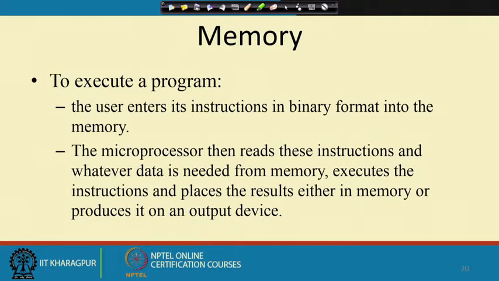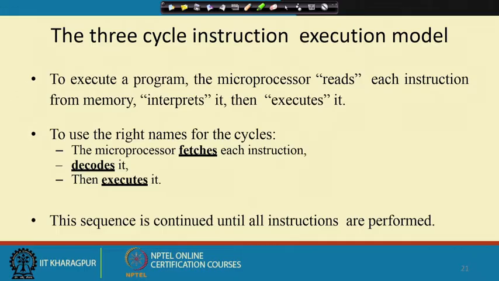But as far as the microprocessor is concerned, it reads instructions from the memory, reads data from memory if needed, executes the instruction, and then places the result back onto memory or onto the output device as the situation may be. Now, in this execution process, you can understand that there are 3 stages.